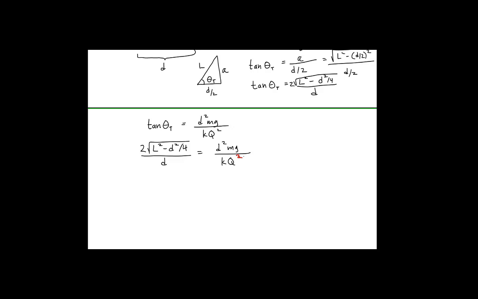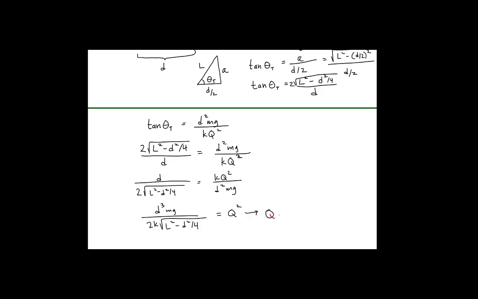So let's solve for Q. I'm going to just flip both sides of the equation. I am now going to isolate Q. And now that I've isolated Q, we just have to take the square root of both sides.